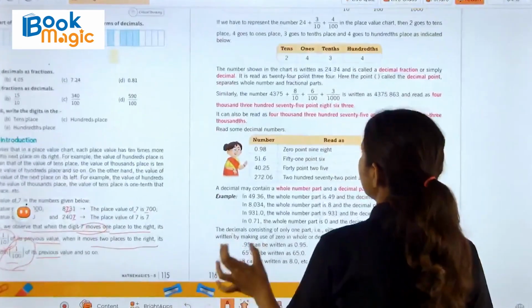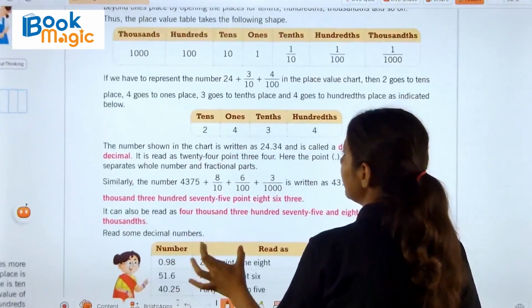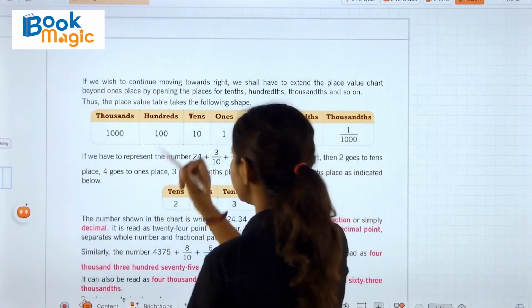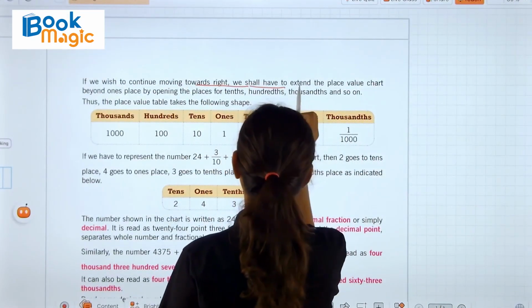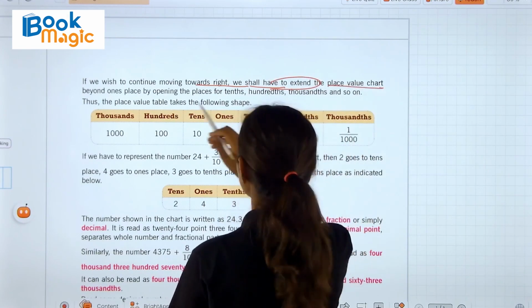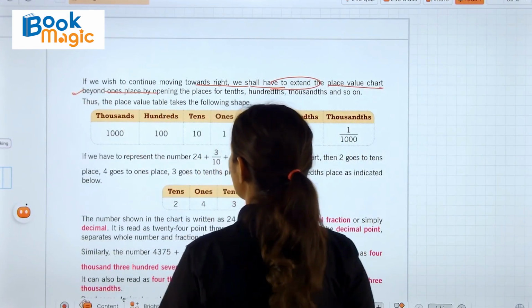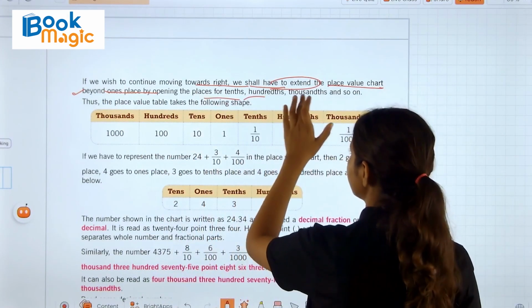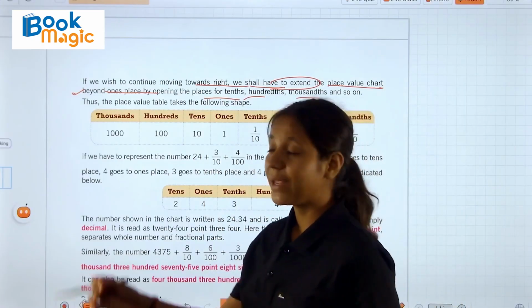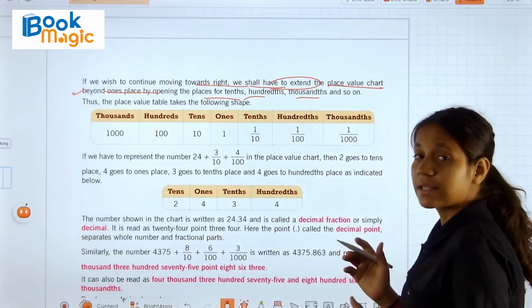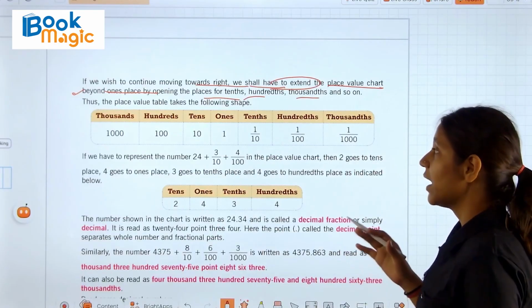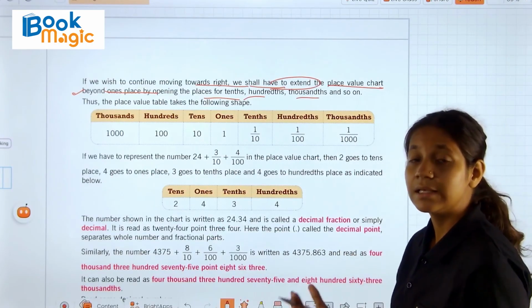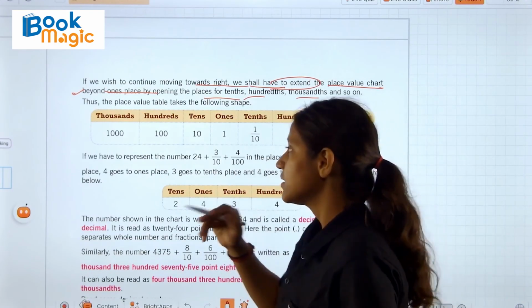Okay, now if we wish to continue moving towards the right, we shall have to extend the place value chart beyond one place by opening the places for tenths, hundredths, thousandths and so on. So here a chart has been made, from which we can know how to move forward and backward. See, it is 1000.